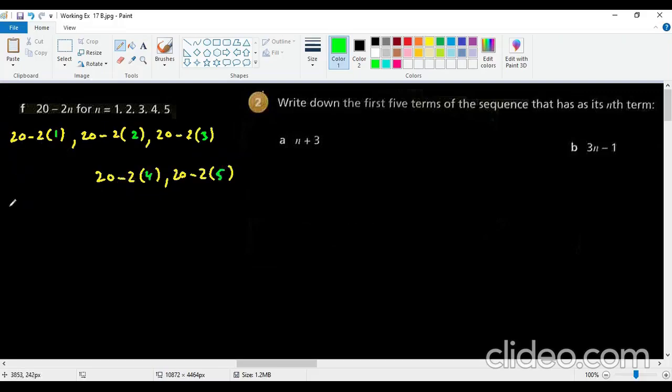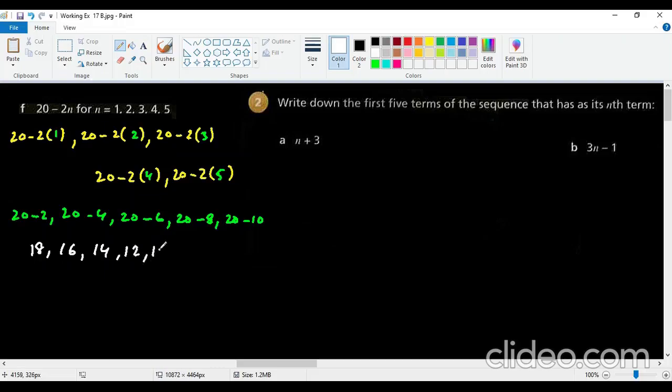So the first term is going to be 20 minus 2. Second is 20 minus 4, 20 minus 6, 20 minus 8, and 20 minus 10. So your final answer is going to be 18, 16, 14, 12, and 10. So this is the sequence we are talking about.